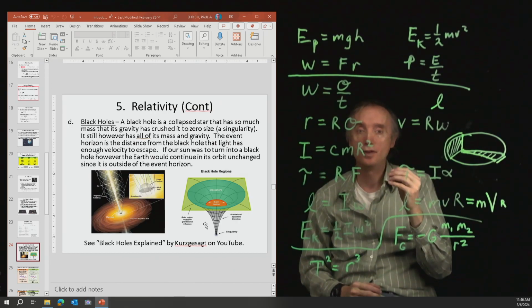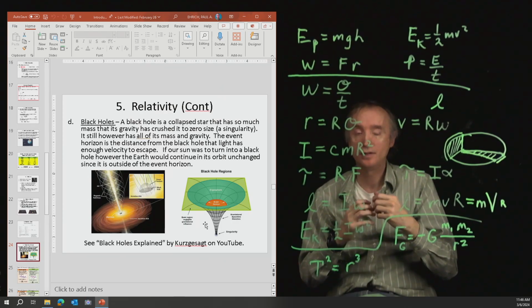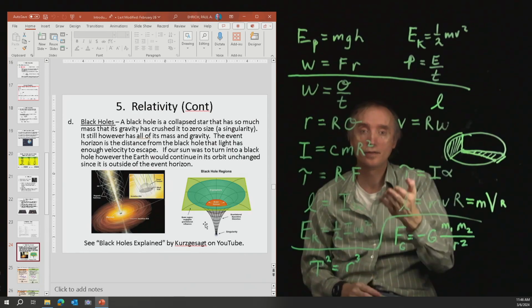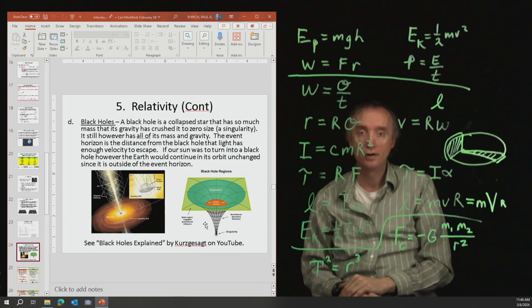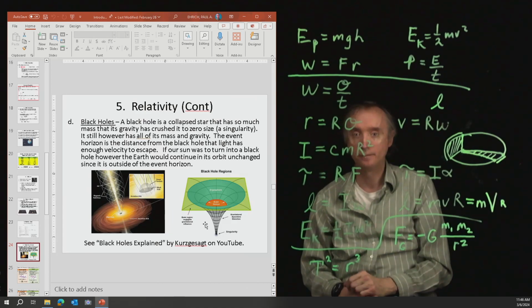This stretches space and time in the extreme. There's a little video here, Black Holes Explained, that you can watch that illustrates it. But just have an understanding of what a black hole is, and what a black hole does to space and time.